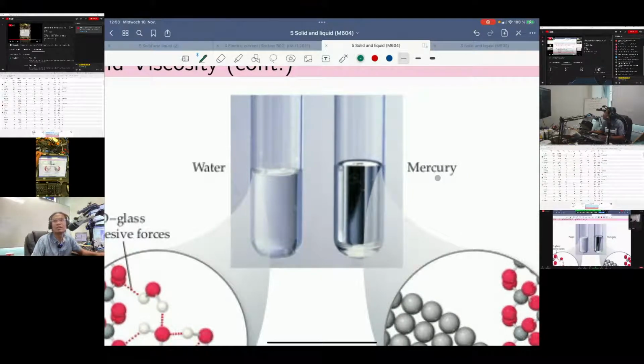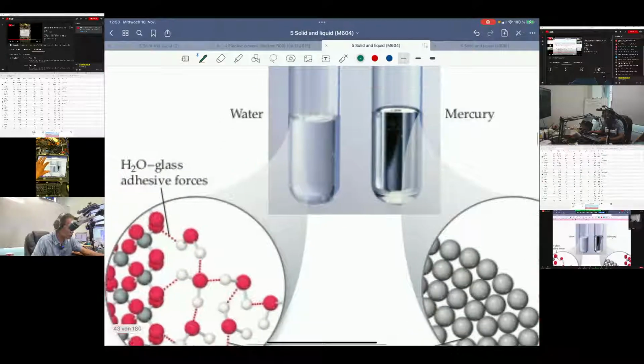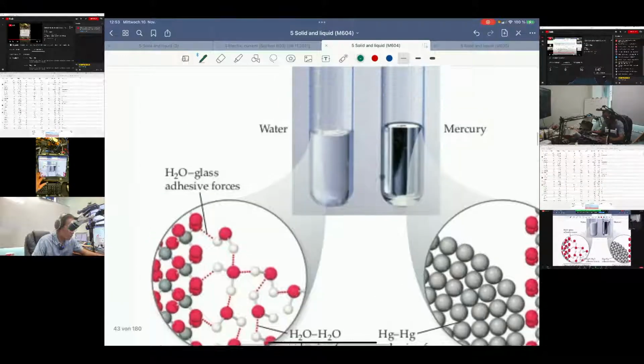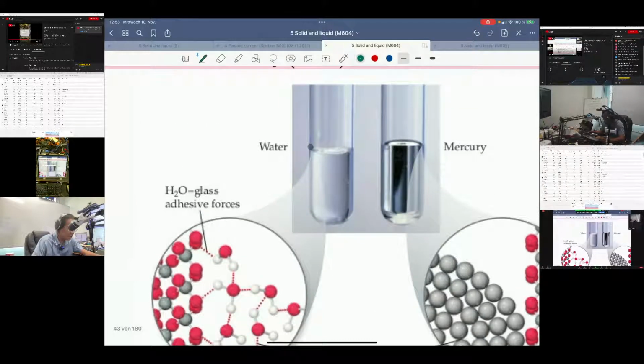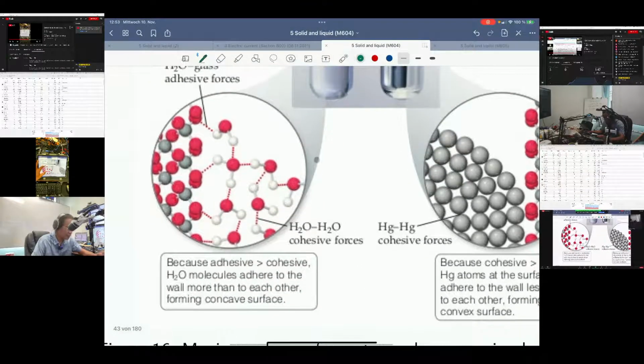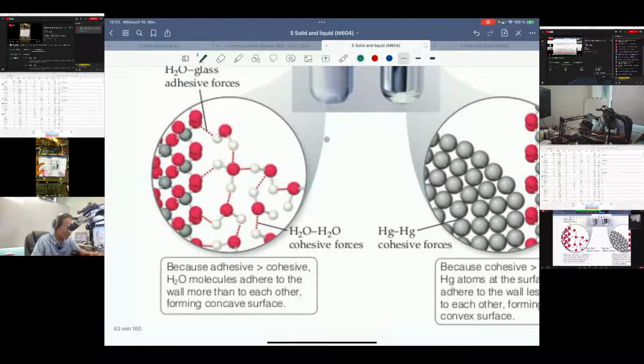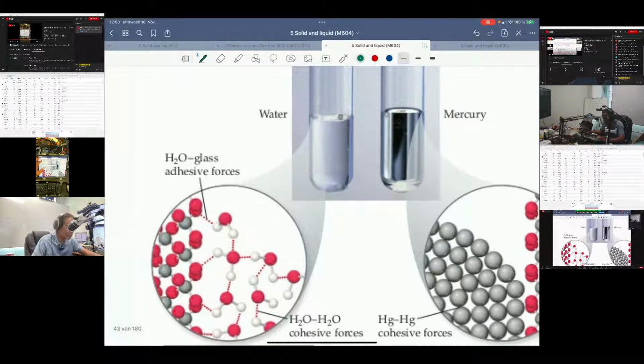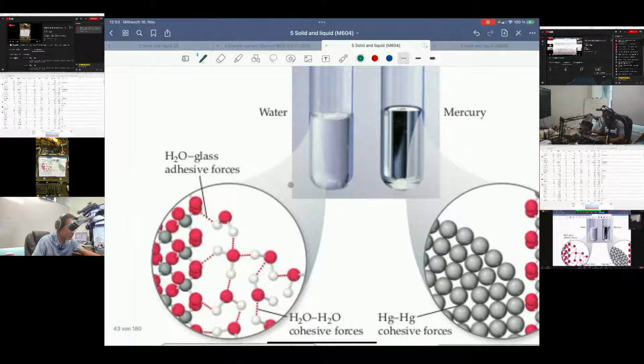I'm sorry, the resolution of the figure is not so good. And you can see here that the shape of the liquid inside the capillary tube is gonna be like this. It has the shape like this, okay, and this one is like this. It is convex and concave, right?